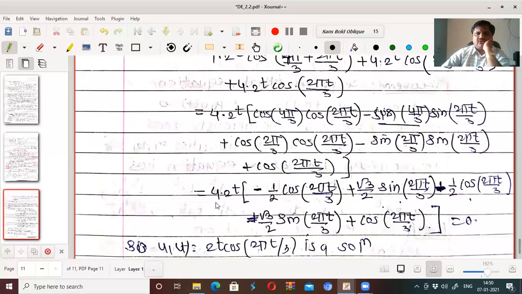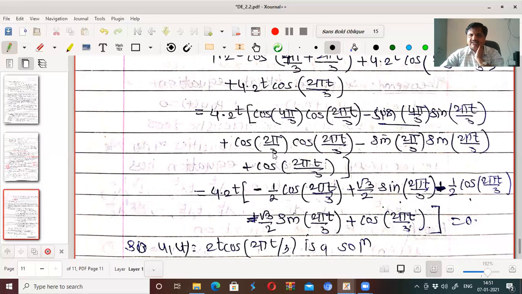So we will get 4 into 2 to the power t into bracket. What will happen? Now, cos 4 pi by 3 is minus 1 by 2. So I will write minus 1 by 2 cos 2 pi t by 3, plus sin 4 pi by 3 is minus root 3 by 2, so we will get minus minus root 3 by 2, that is plus root 3 by 2 sin of 2 pi t by 3.